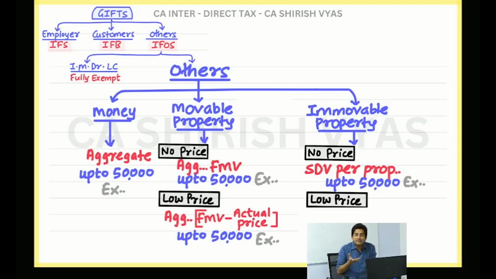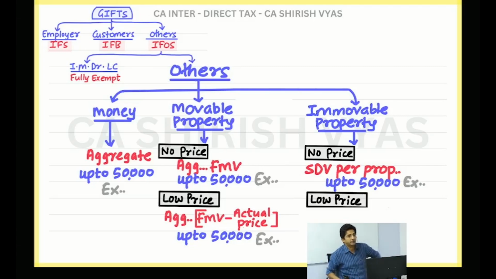Whenever you get something cheaper, you feel happiness. So it is cheaper, and what is the difference? 5 lakhs. So actually you enjoyed 5 lakhs, but it is exempt, although it is more than 50,000, because it is below 9 lakh 50,000. How did I get 9 lakh 50? 10% of the actual price.